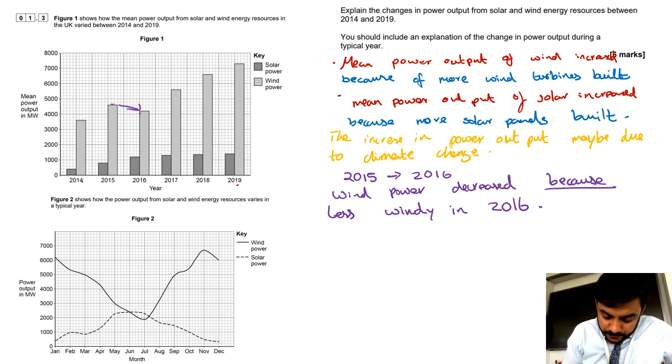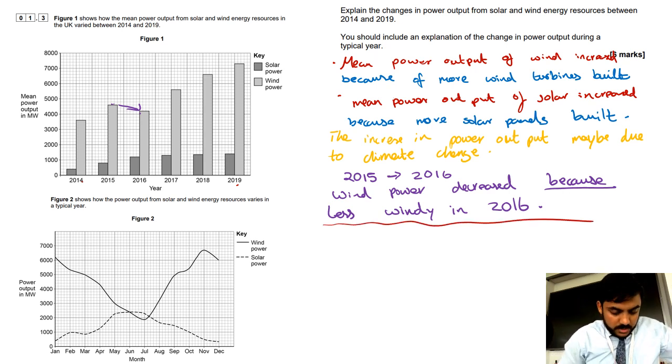Then figure 2. Okay, continuing with your same answer. In figure 2, you have from January to July, the wind power output decreased. From July to December, it increased again. So why did the wind power output decrease in July?